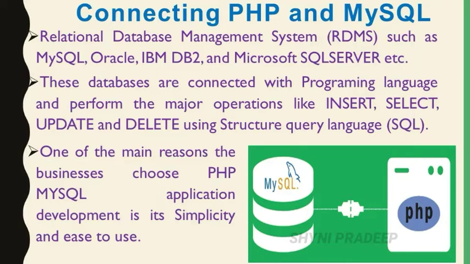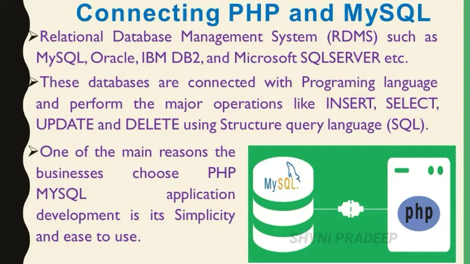Here the database is connected with the PHP programming language. Which database? MySQL. Which language? PHP. What is the purpose of connecting PHP and MySQL? To perform insert, select, update and delete operations by using Structured Query Language. One of the main reasons businesses choose PHP MySQL application development is its simplicity and ease of use.